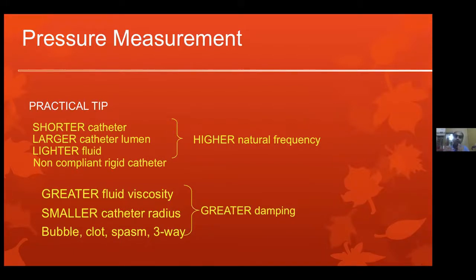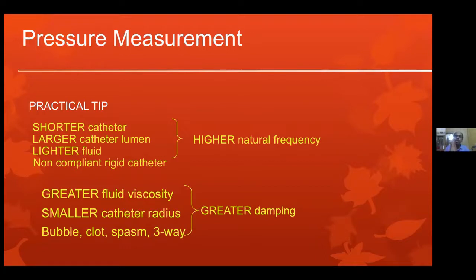If I pour castor oil onto the floor, it will not go for a long distance. It will stop after a few centimeters. If I pour water on the floor, it will flow for a longer distance. So the viscosity of castor oil is higher, the viscosity of water is lower, so it flows. Why do we need to consider viscosity?